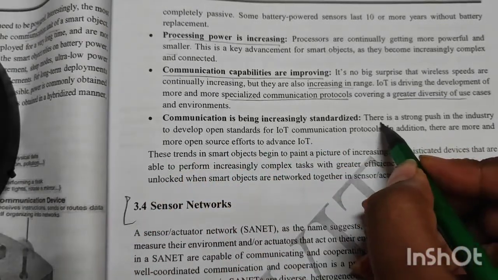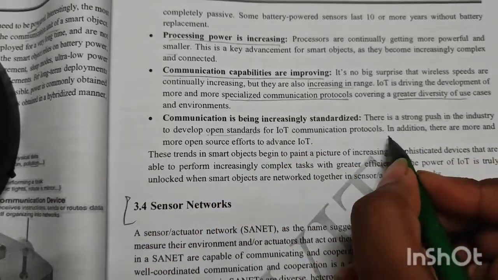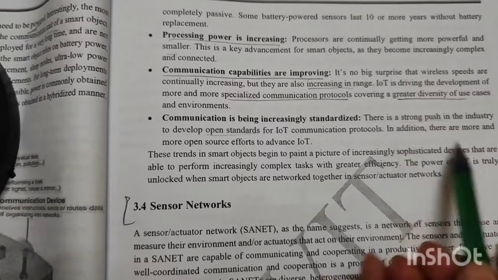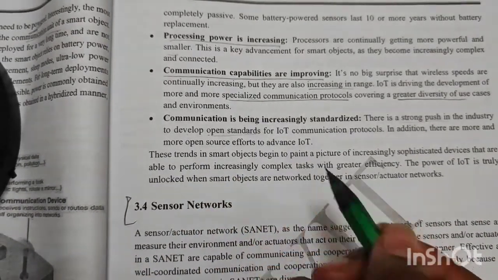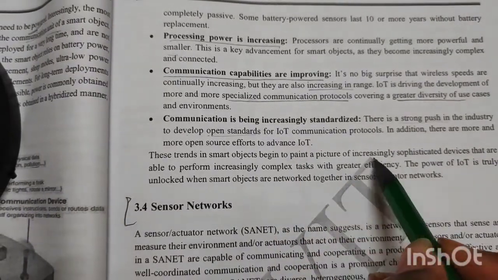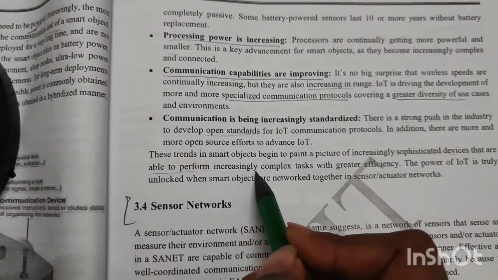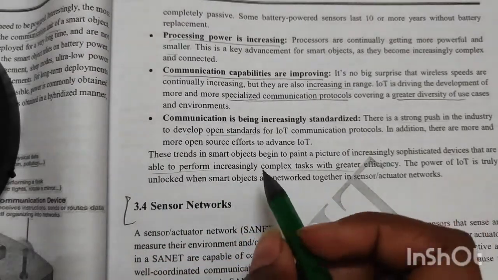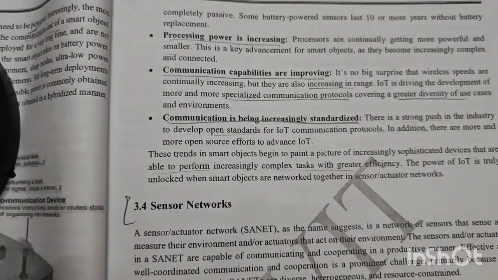There is a strong push in the industry to develop an open standard for IoT communication. In addition, there are more and more open source efforts to advance IoT. These trends begin to paint a picture of increasingly sophisticated devices that are able to perform increasingly complex tasks.